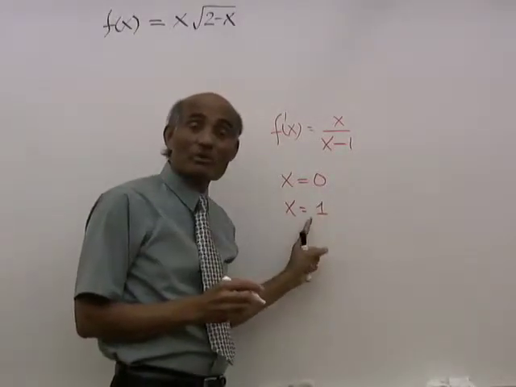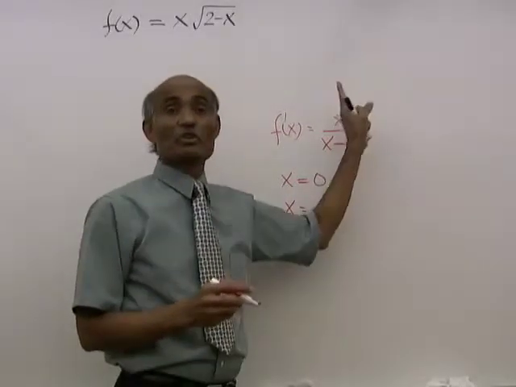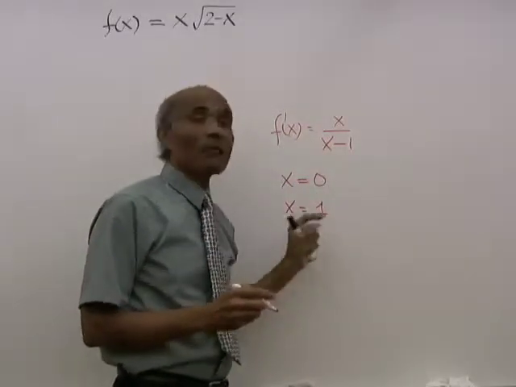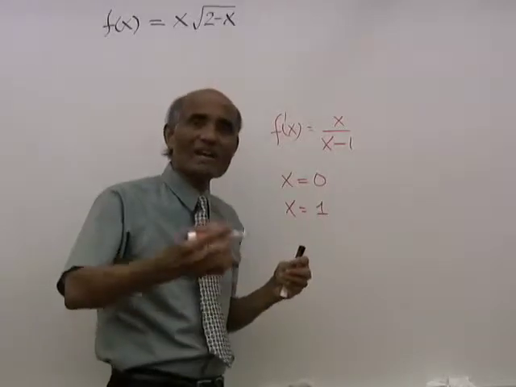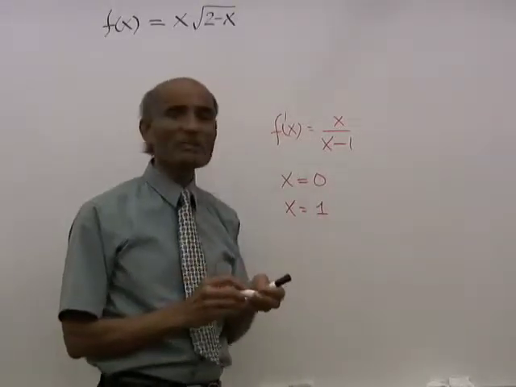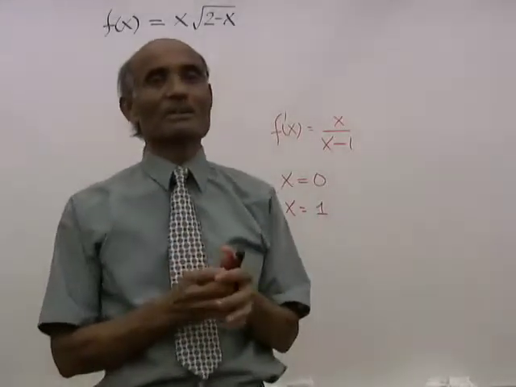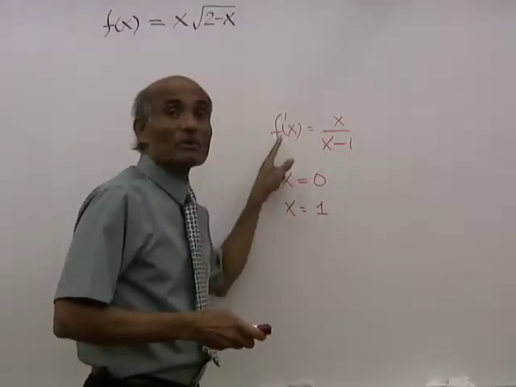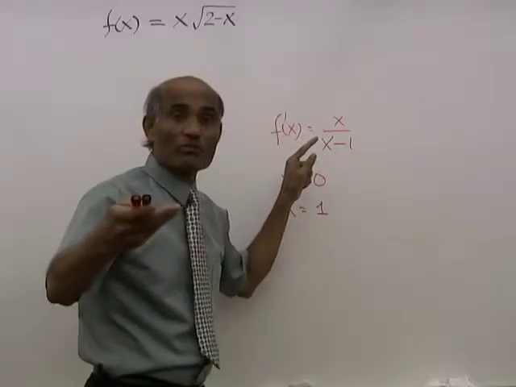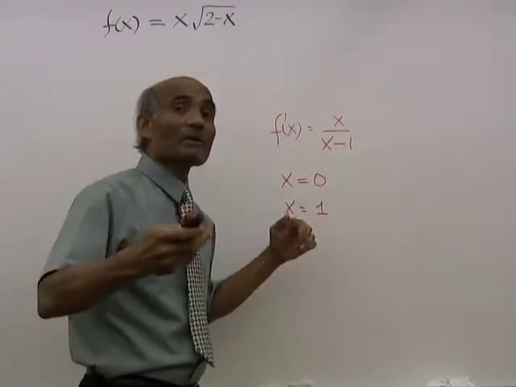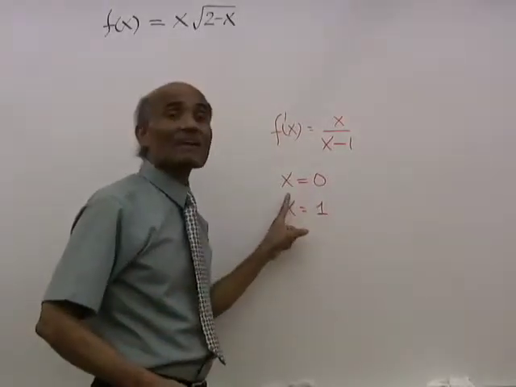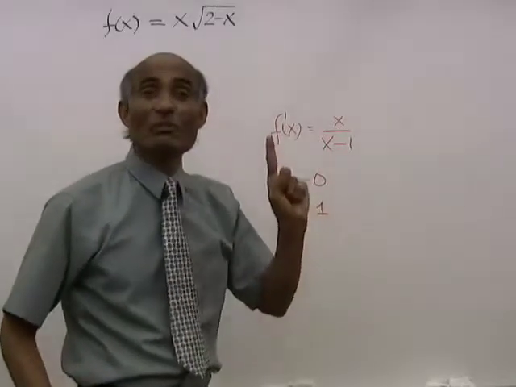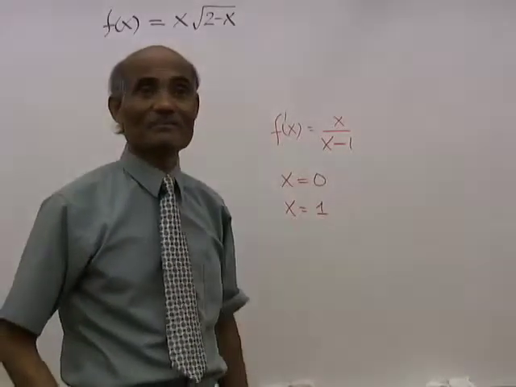If this number is not in the domain of the original function, then this cannot be a critical number. So you've got to add that to the definition. So what is the definition of a critical number? A critical number is the x value where the derivative equal to 0 or undefined, provided that x value is in the domain of that function.